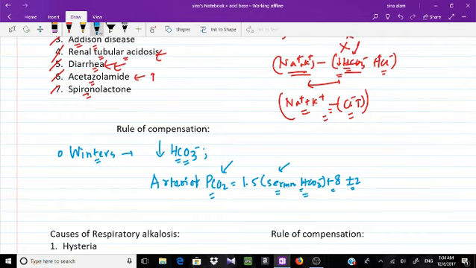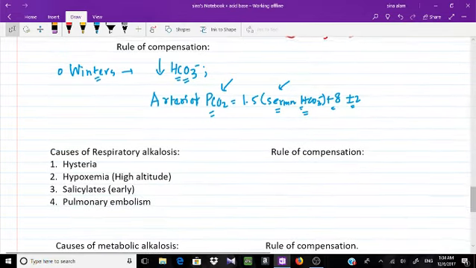Okay, usually in your USMLE Step 1 exam, you may find this one only. The Winter's formula is most commonly tested, because the other rules are more vague and more complicated to calculate. So at least if you forget the other compensations, try to memorize how the Winter's formula works.